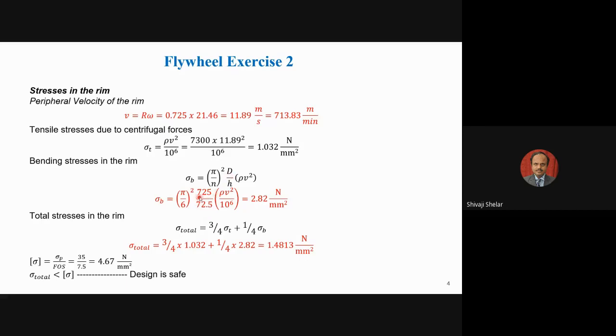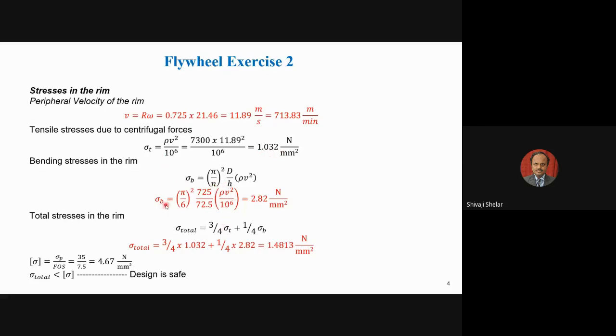Since D and H form a ratio of the same geometry, I can take millimeter or meter; it doesn't make any difference here. Rho V square: rho is 7,300, and V is 11.89, divided by 10 to the 6. This value is already calculated, equal to 1.032.